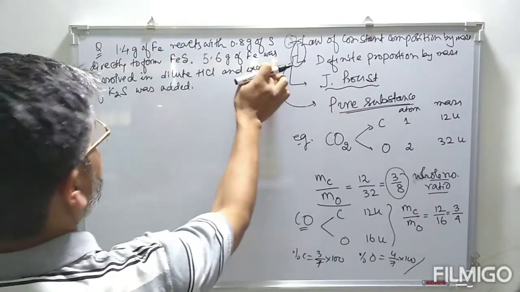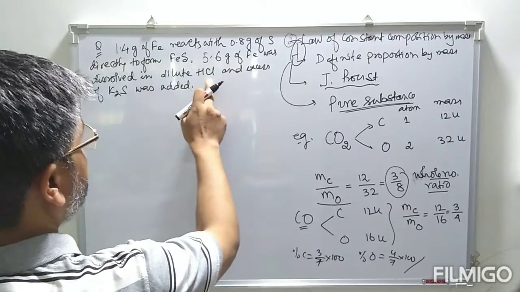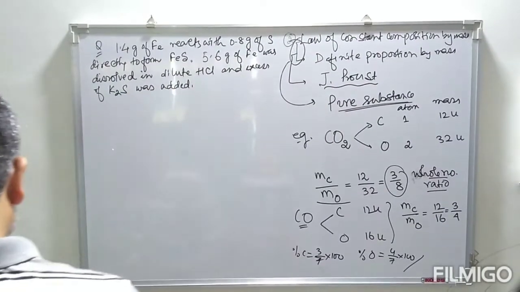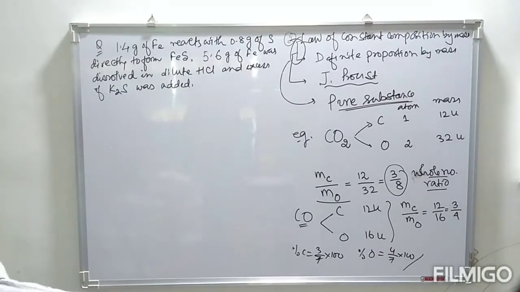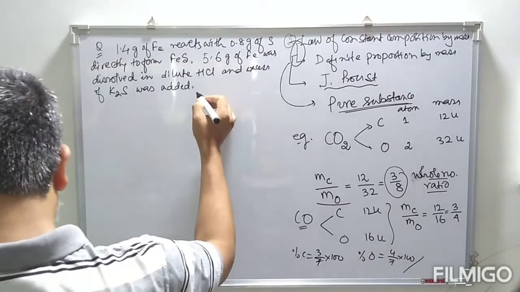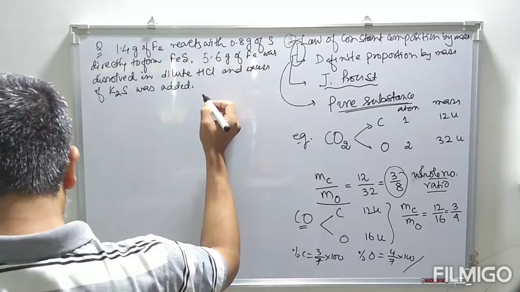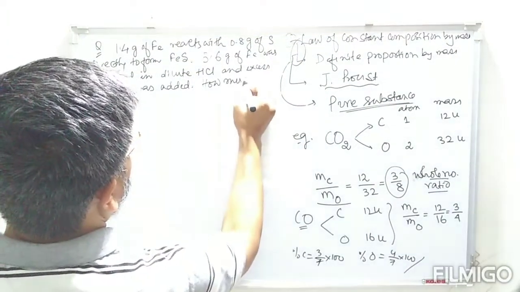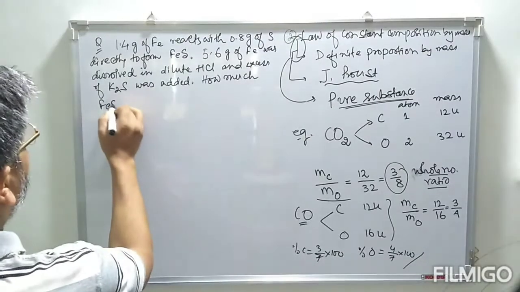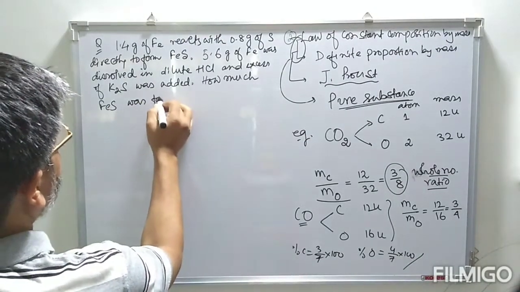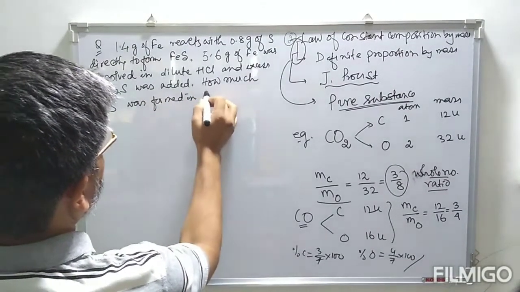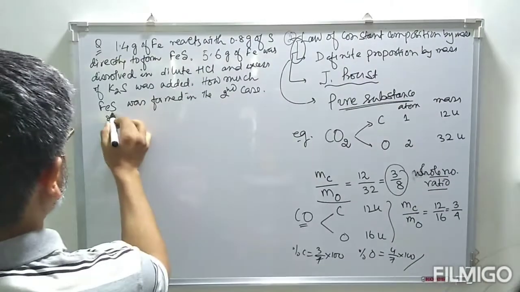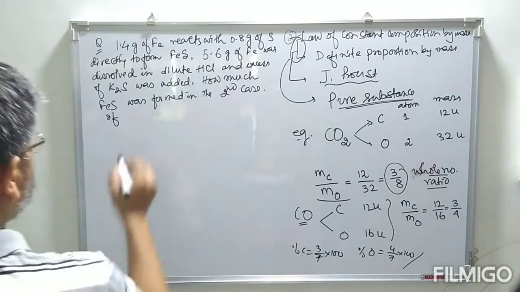So we have 5.6 gram of iron dissolved in dilute HCl, and to the solution excess of potassium sulfide was added. How much iron sulfide was formed in the second case if law of definite proportion is followed?